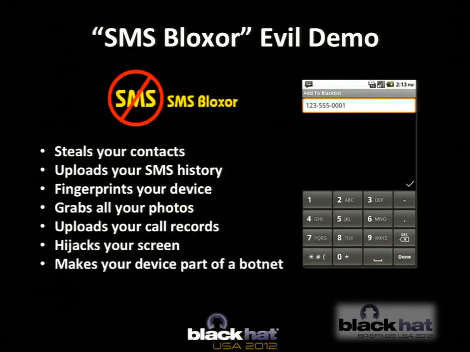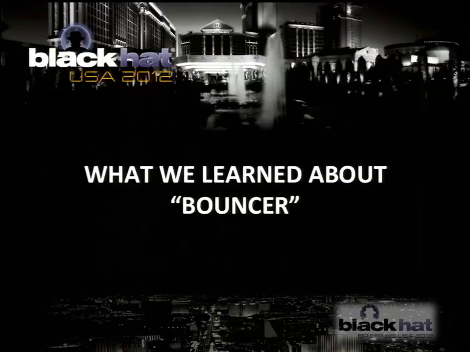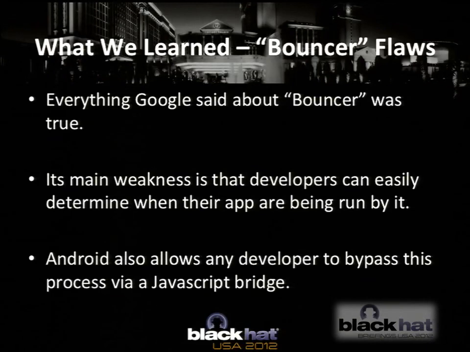So go back into the presentation here. So really what we learned about Bouncer is that everything that Google said was true. Everything they said about the analysis, about it being automated, we found to be true. But through our research, we found its main weakness is that malware developers can design their malware to not execute when it's being run by Google Bouncer.